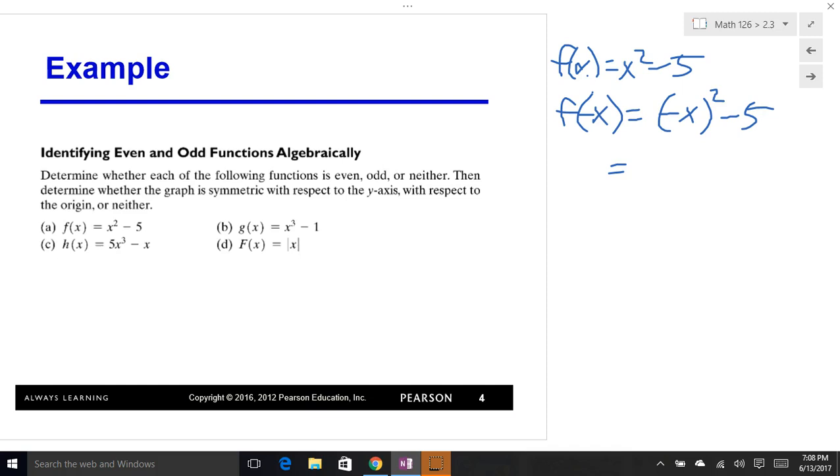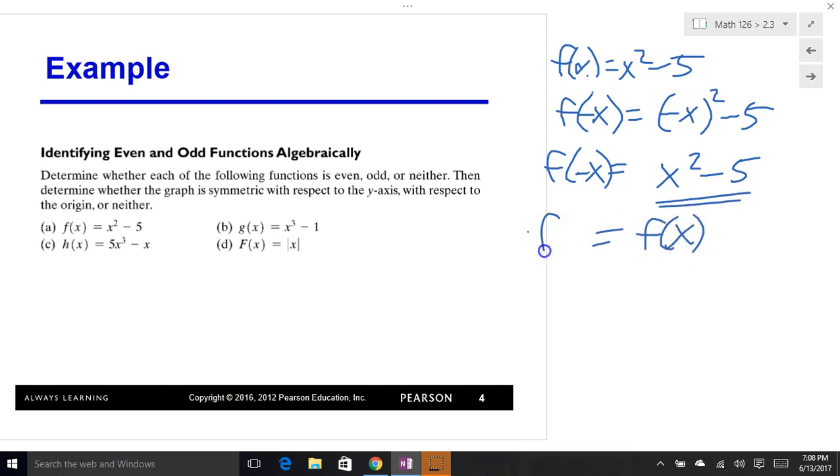That becomes x squared minus 5. Okay. Is this what we started with? Yes, that's our original f of x. So notice f of negative x equals f of x, thus this thing is even.